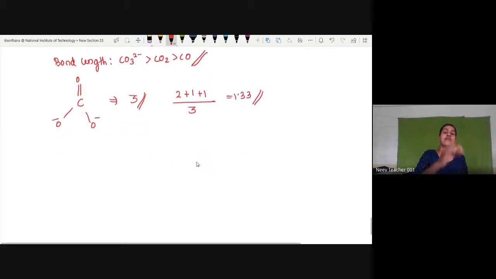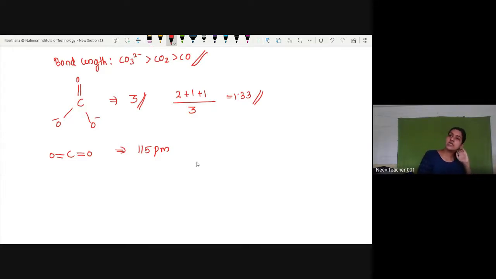Also, when considering CO2, the bond length between carbon and oxygen is found experimentally to be 115 picometer, as given in the NCERT text on the resonance structures of CO2.